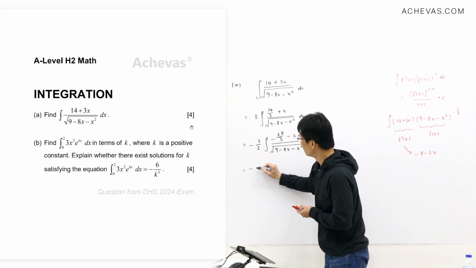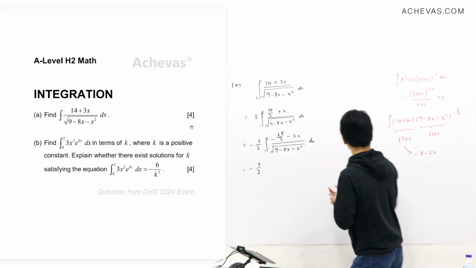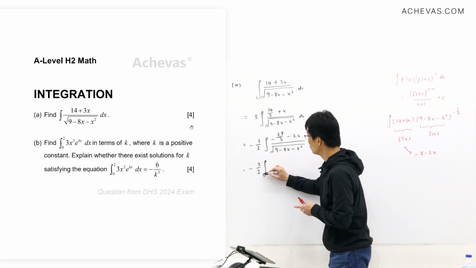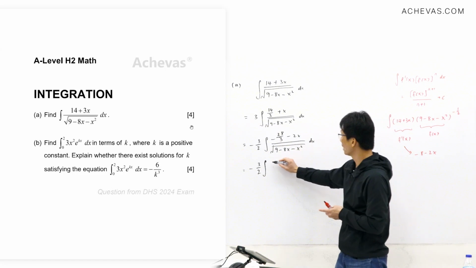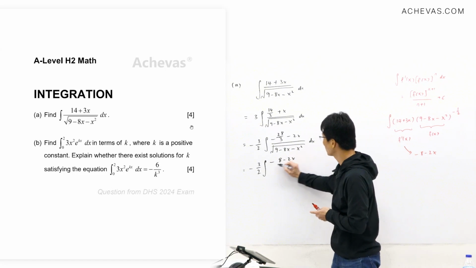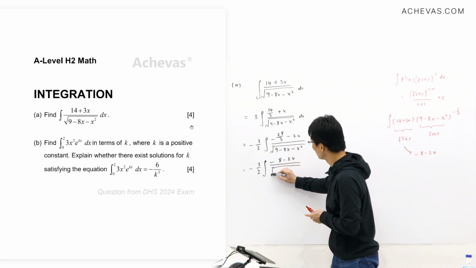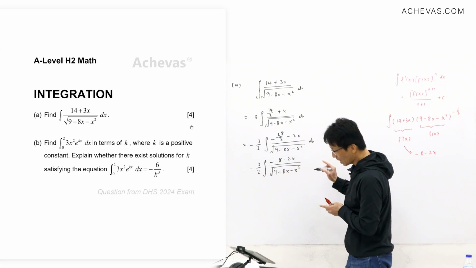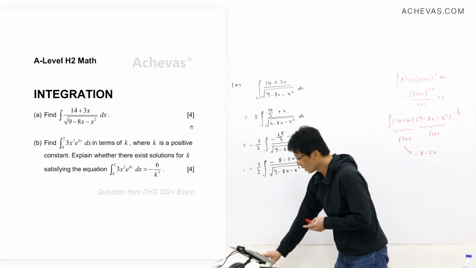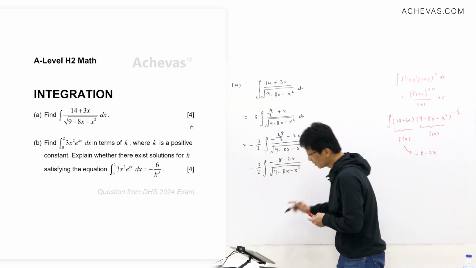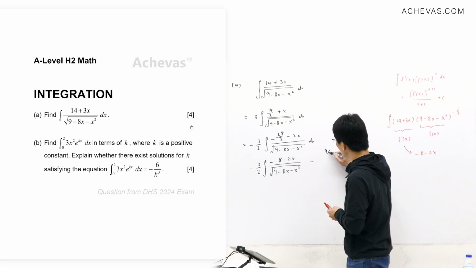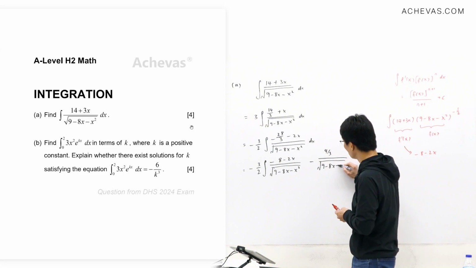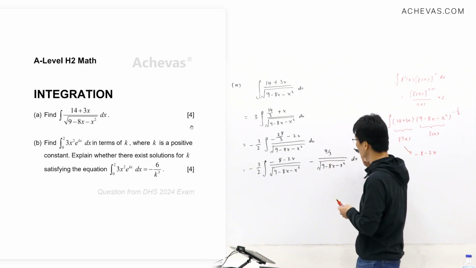Now I will try to force out this term here. So when I do forcing out of this term here, I'll get a minus 8 minus 2x over square root 9 minus 8x minus x squared. And what I will have left here, I will actually get a minus 4 over 3 over square root 9 minus 8x minus x squared dx.